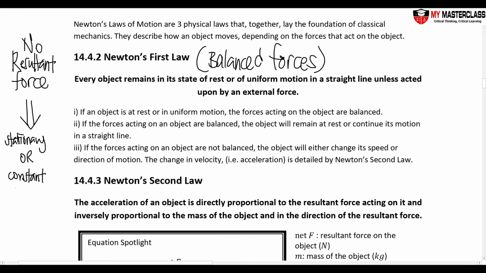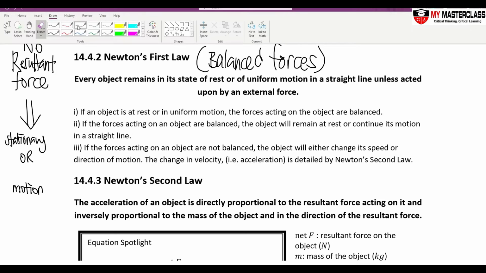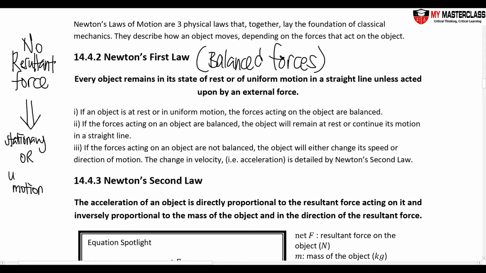Okay, now let's change the word to uniform motion. So if there is no resultant force, my object, if it is stationary, it will continue to be stationary. If it is already moving, then it will continue to move at exactly the same speed.